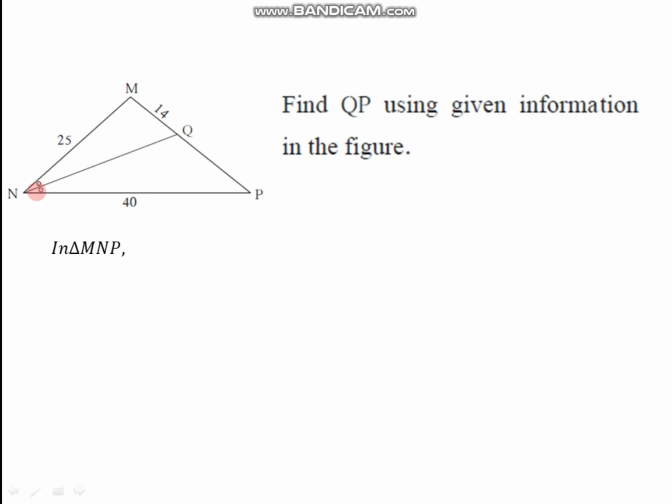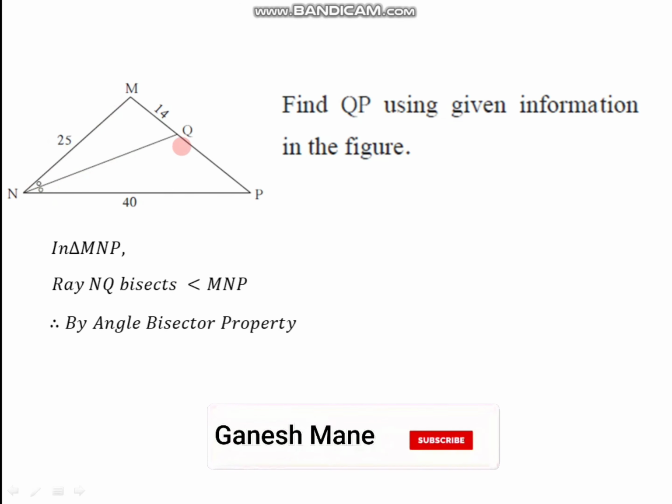So we have triangle MNP where NQ bisects angle MNP, that is ray NQ bisects angle MNP. So if it is the case, we can apply angle bisector property. Here the angle is MNP, so side opposite to it is MP. This angle bisector divides side MP in the proportion of remaining two sides, and the remaining two sides are MN and NP.